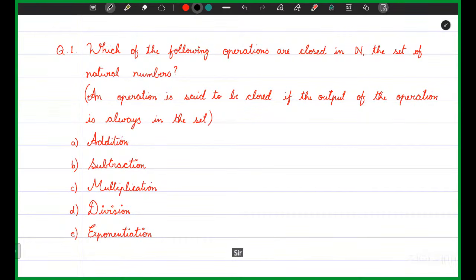Sir, addition, subtraction, or multiplication. Sir, the exponent will be a natural number.